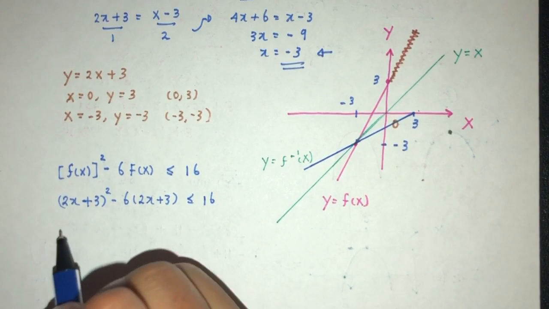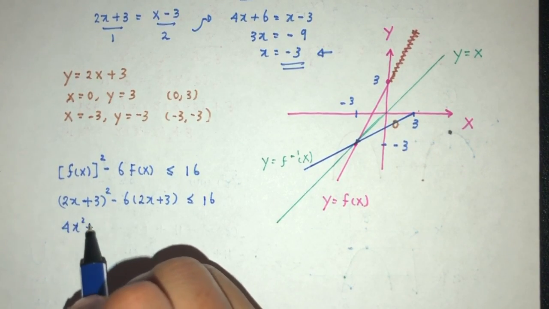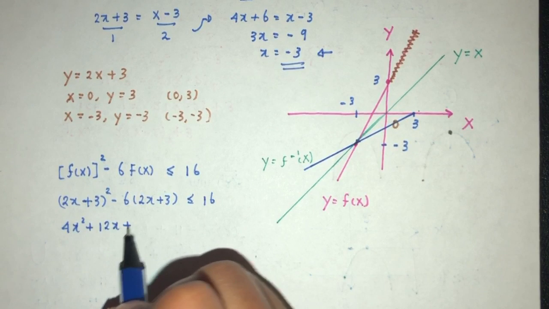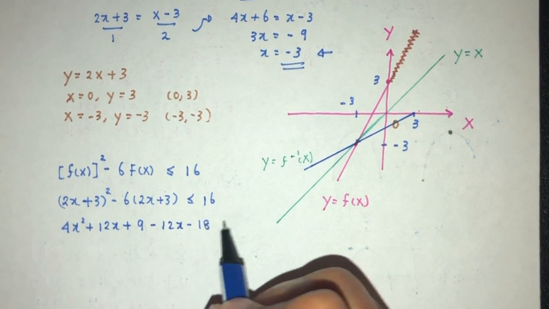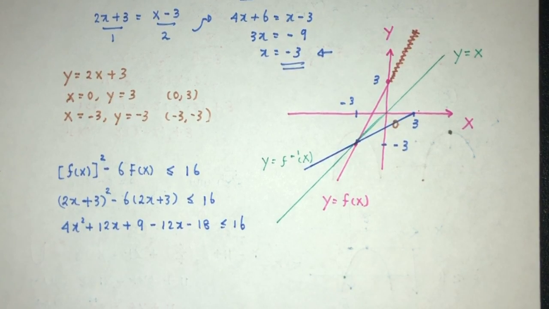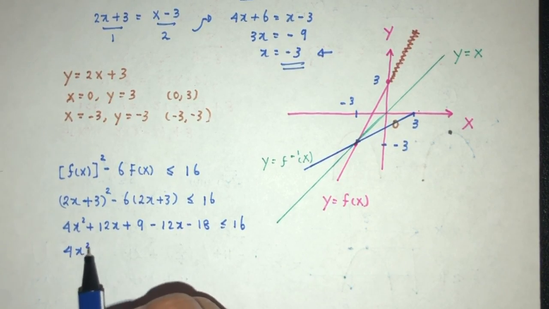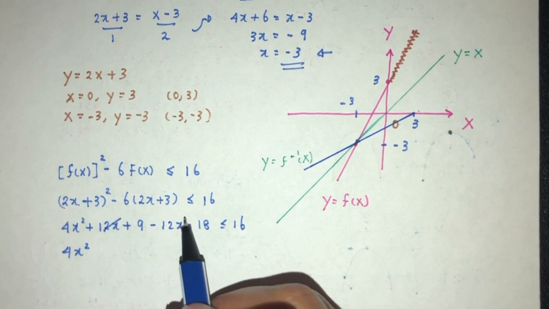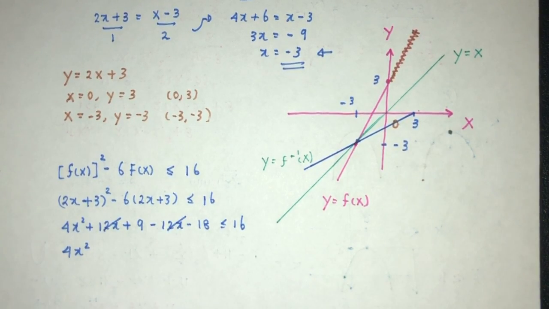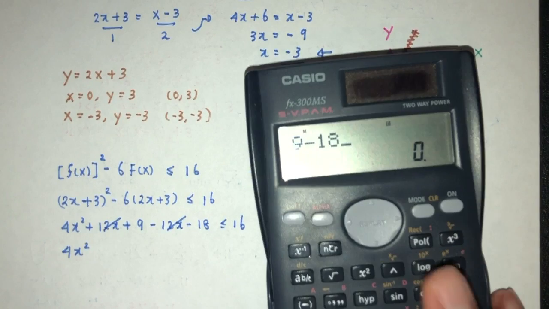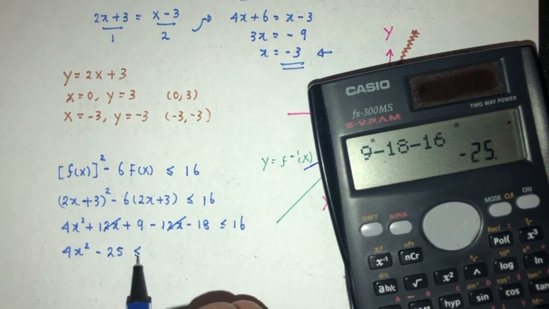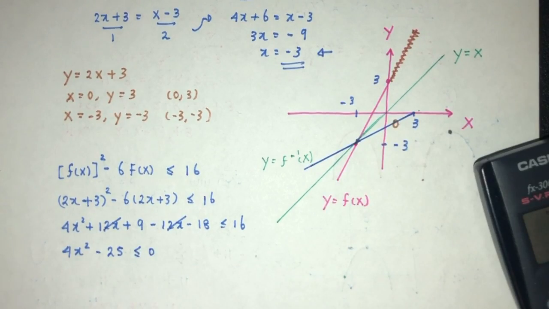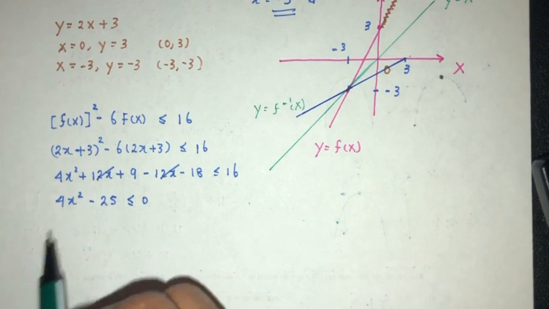So let's see what happens. You will have 4x squared plus 12x plus 9 minus 12x minus 18 less than this one. So that will be 4x squared, this and this will cancel out, obviously. And 9 minus 18 minus 16 should be minus 25. Now obviously, we have to solve this step by step.